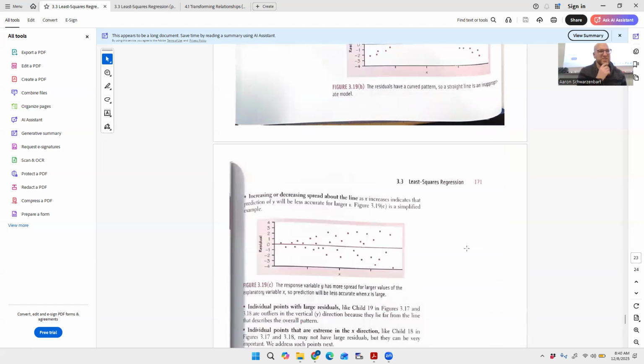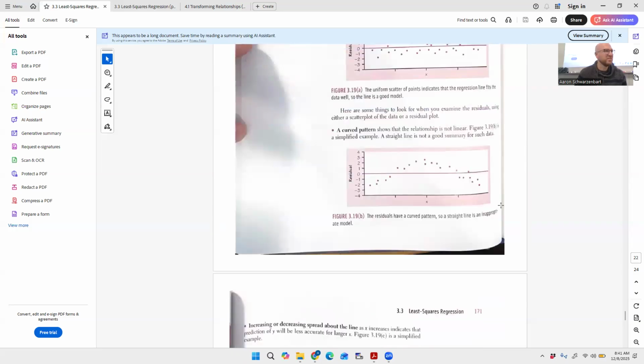Do you see a pattern in this one? The variation is getting bigger, right, as X gets bigger. That means there's something there, and I don't know what type. The curved one I can say was probably quadratic. This one I should have used a quadratic regression on, most likely.